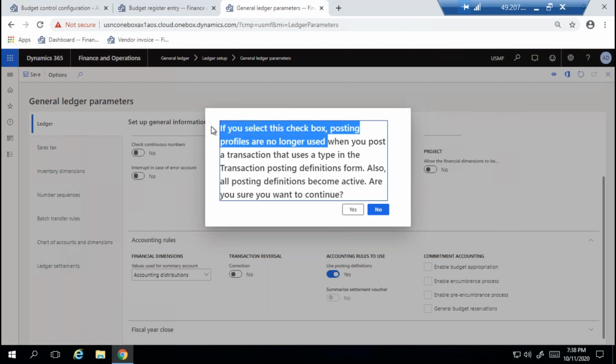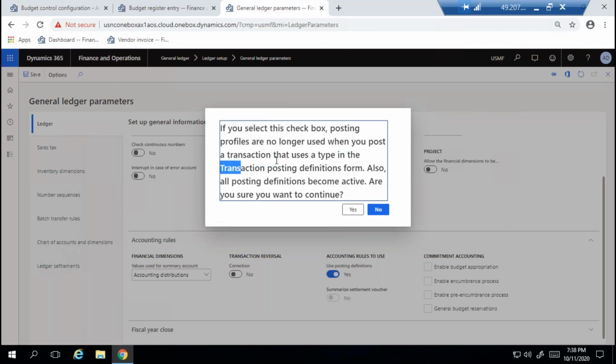Vendor posting profiles and customer posting profiles will not work. If you do a purchase order or sales order, the existing vendor and customer posting profiles will not be used. Then which will be used? The transaction posting type in the posting definition form will be used.